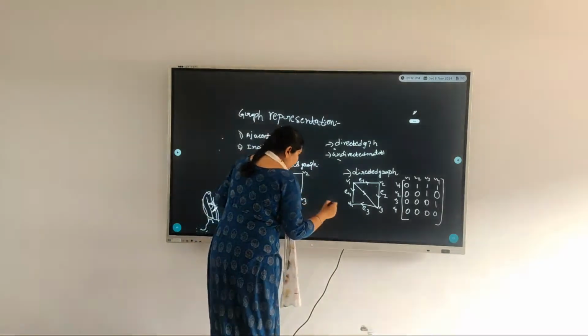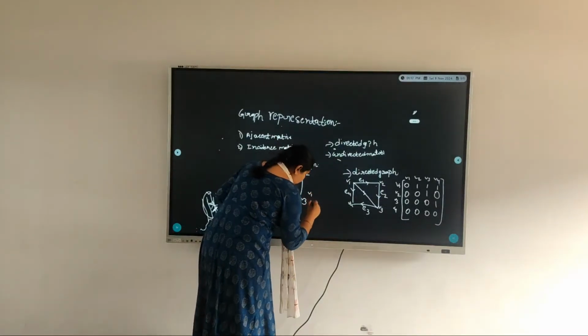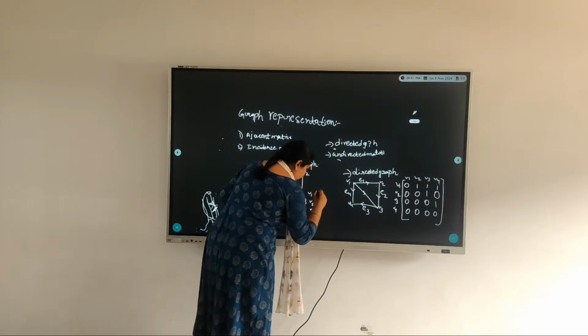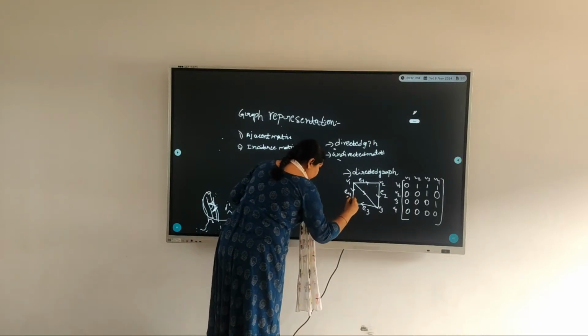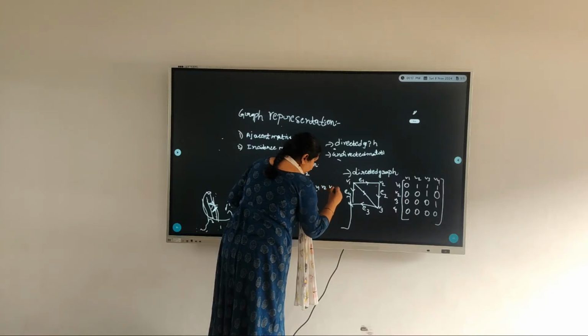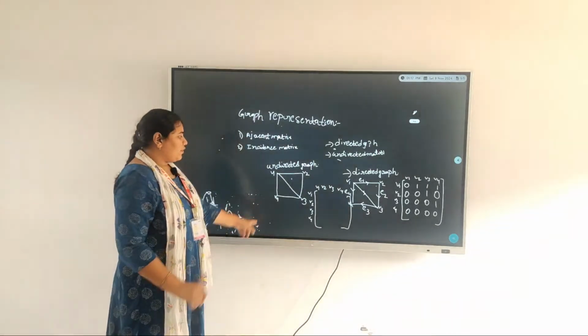So I will now draw a matrix here. We need to check the connection with the vertex.